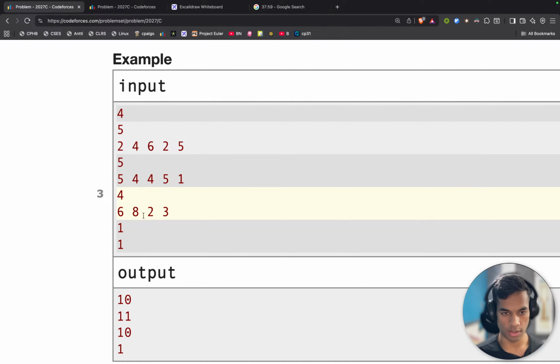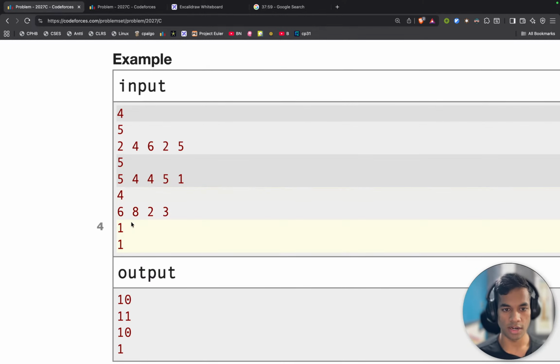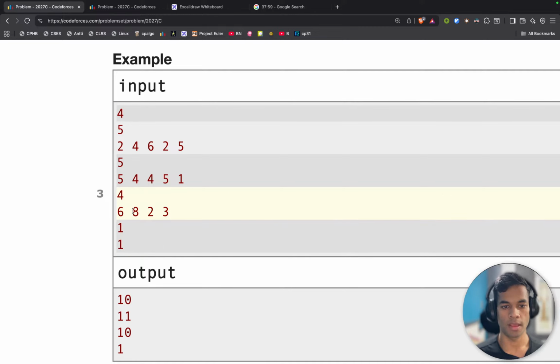Why 2? Because its value is 2. For this 8, starting from this 8, there have to be 8 elements onto the right. Here we already have one element here, one here, so we have 3 elements. So we need 5 extra elements onto the right.